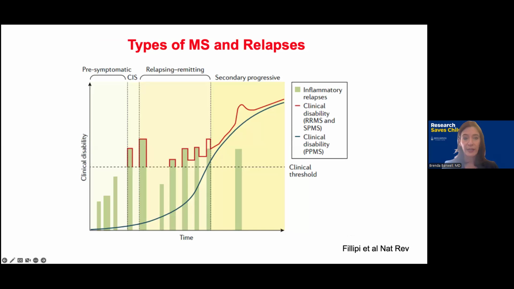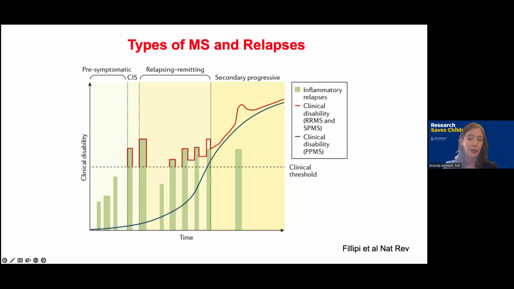So importantly, and since we're speaking about pediatric multiple sclerosis, we'll stay with the fact that multiple sclerosis in children follows relapses and then remission, so a relapsing remitting disease course. There is a form of multiple sclerosis referred to as primary progressive multiple sclerosis that we're not going to talk about today, because effectively we do not see that in children.